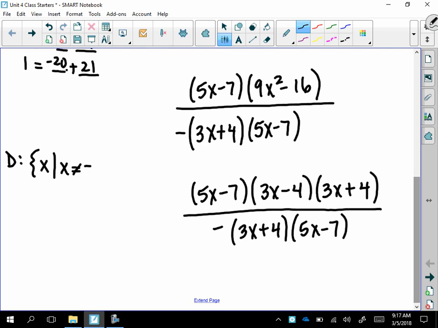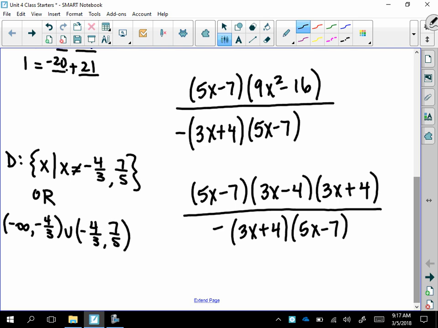Negative 4/3, or positive 7/5. Those 2 values will cause me to get a 0 in the denominator. We could write it in interval notation, which would be from negative infinity to negative 4/3, then negative 4/3 to 7/5, and then 7/5 to positive infinity. Either one of those will be acceptable for a domain.